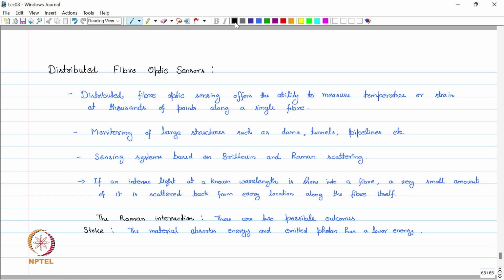And the second outcome is anti-Stoke, where the material loses energy and the photon we receive has a higher energy than what we send.